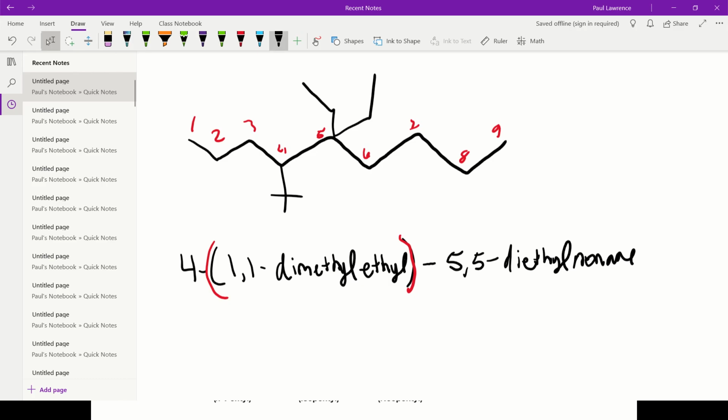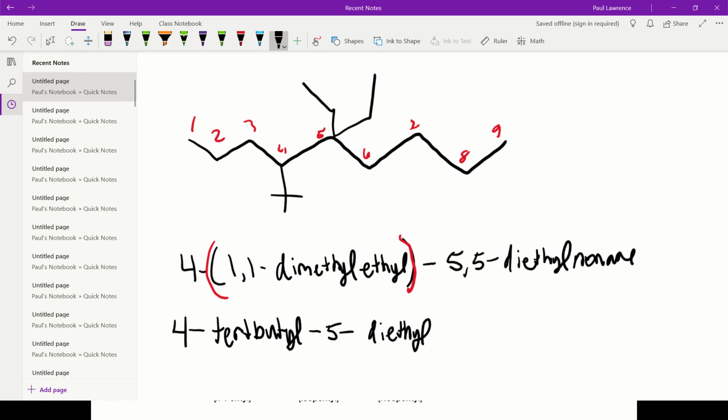Okay. And the name that it would now be would start with a 4. What's that substituent called? That's called a tert-butyl. So we'll go tert-butyl-5, dash, wait, this one's a diethyl.